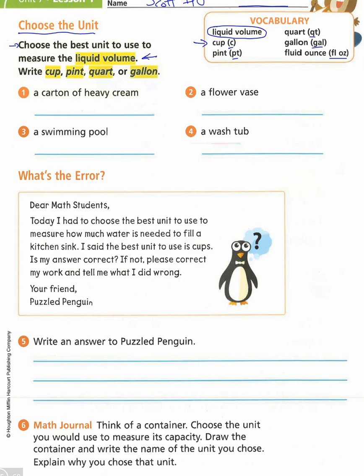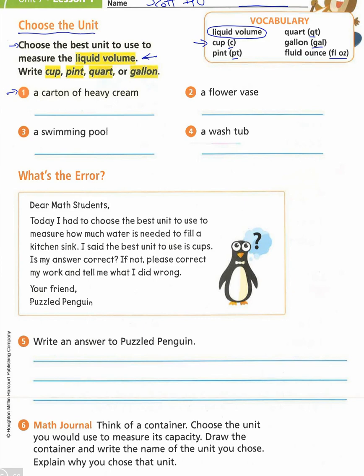So let's look at number one. A carton of heavy cream. You think about heavy cream is what you would use to make whipped cream and stuff like that. So think about it. Would that carton be the size of a cup, a pint, a quart, or a gallon? Well, this is one where you could argue it depends on how much you need, right?